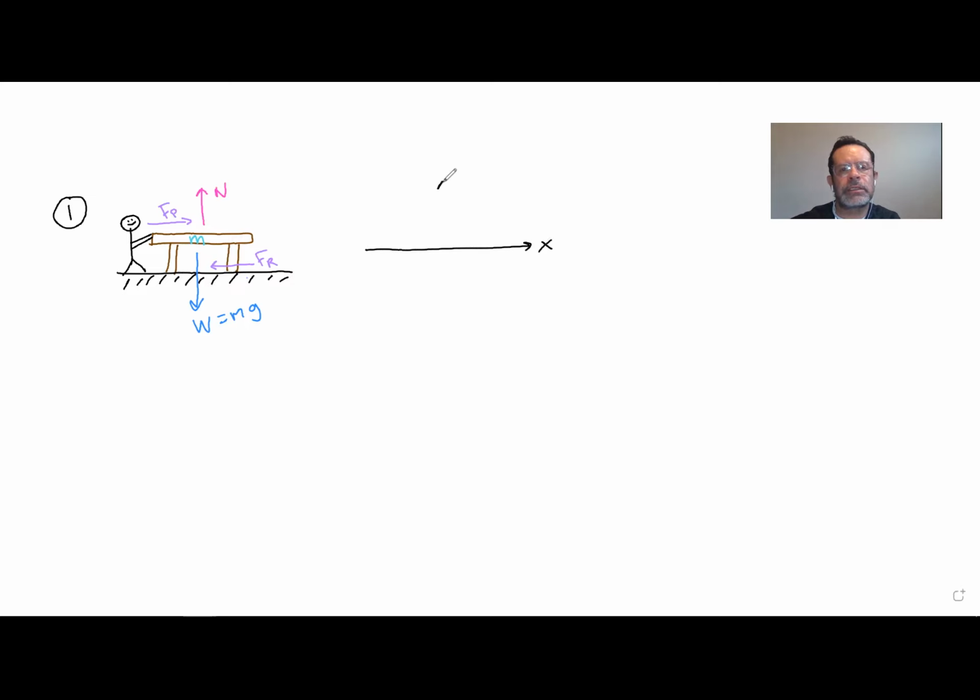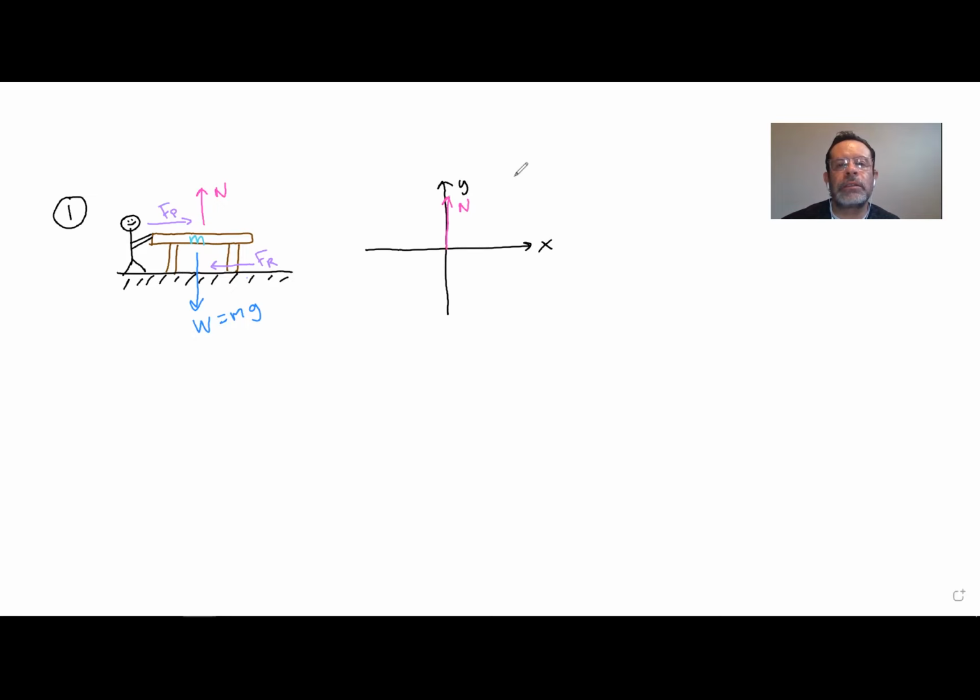We've got X. We've got Y. And we're going to write down the forces here. So we've got a normal force going up here.